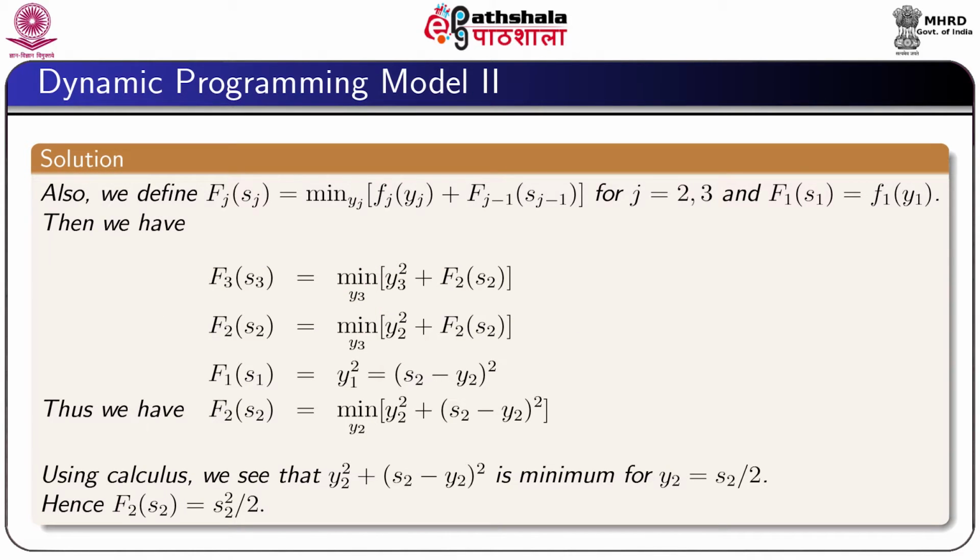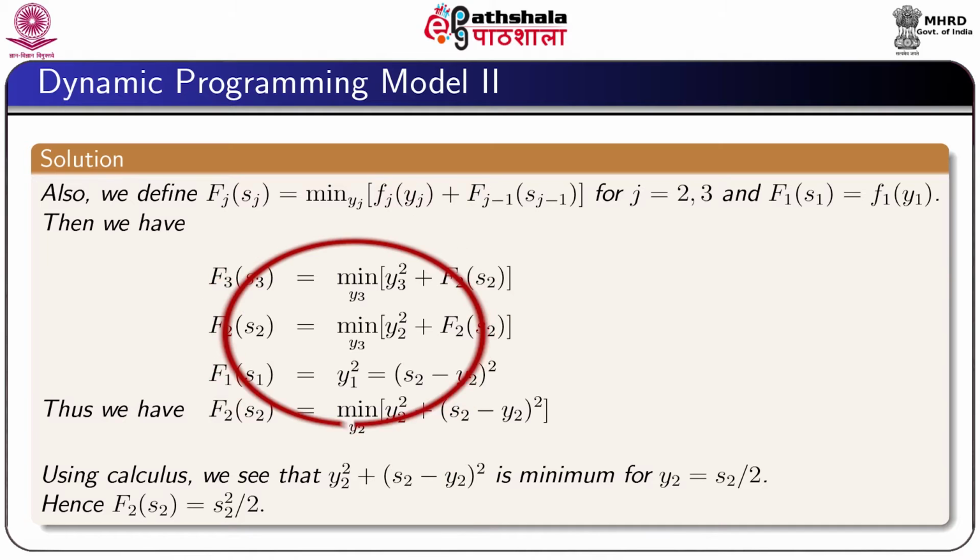Now, we define the recursive formula Fj(Sj) equal to minimum of fj(yj) plus Fj minus 1(Sj minus 1) for j equal to 2 and 3, and F1(S1) is equal to f1(y1).